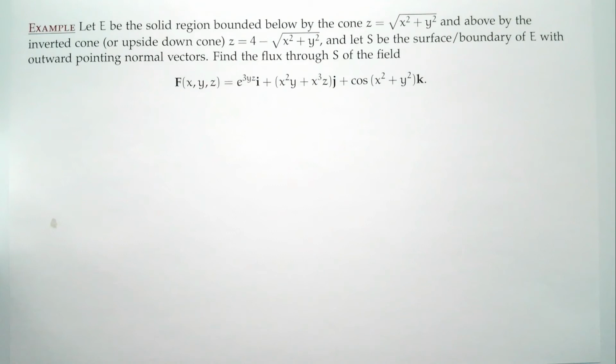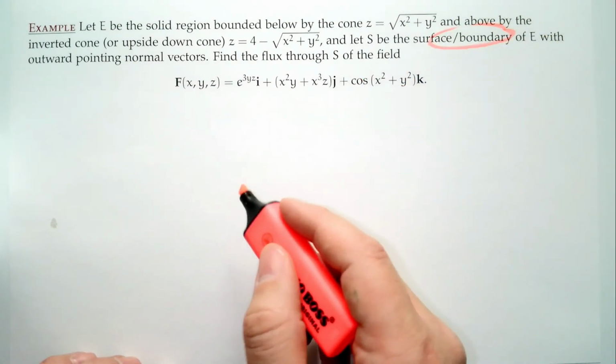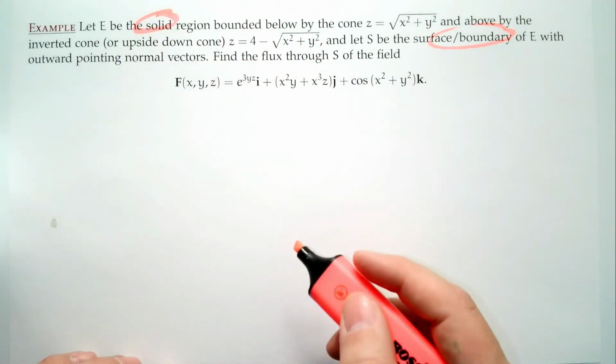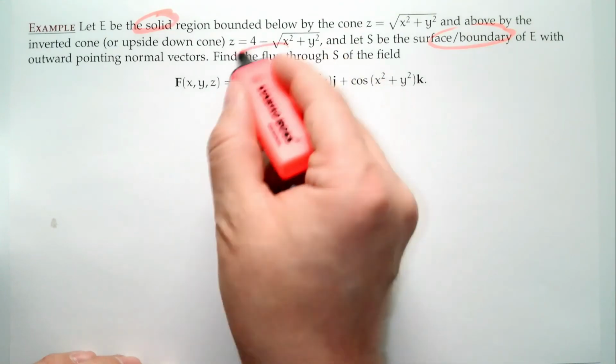All right. Now, what tells us that we are in a divergence theorem problem? Because there's no integrals here. What's the clue? Or what are some clues? Okay, the fact that we see a boundary of a solid, and what else? The flux.